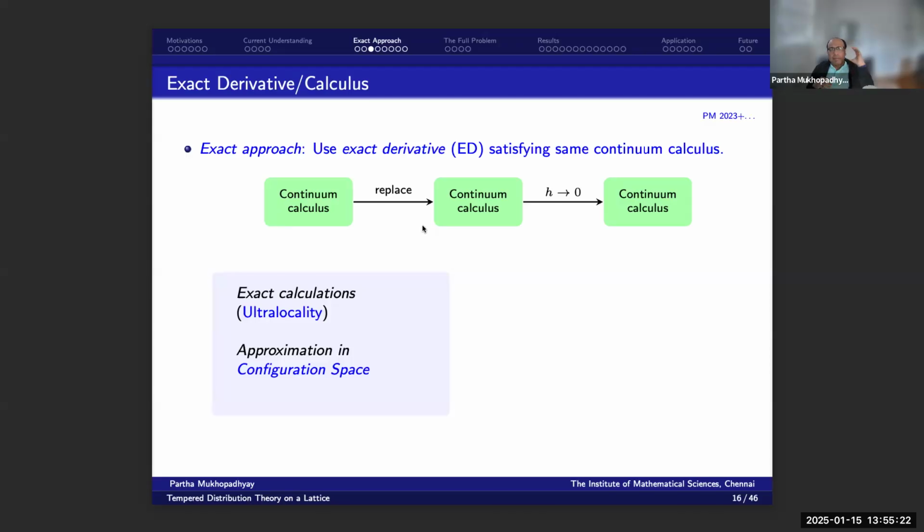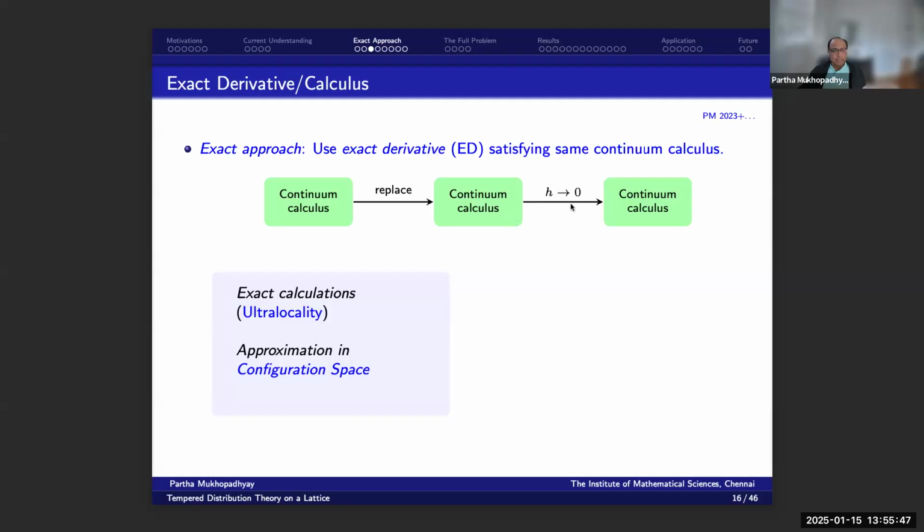It means that if you derive a local equation in the continuum theory, there will be exactly the same equation in the lattice theory site-wise, except that the continuum derivatives are replaced by the exact derivative. So it will seem like there is no approximation done in this process.